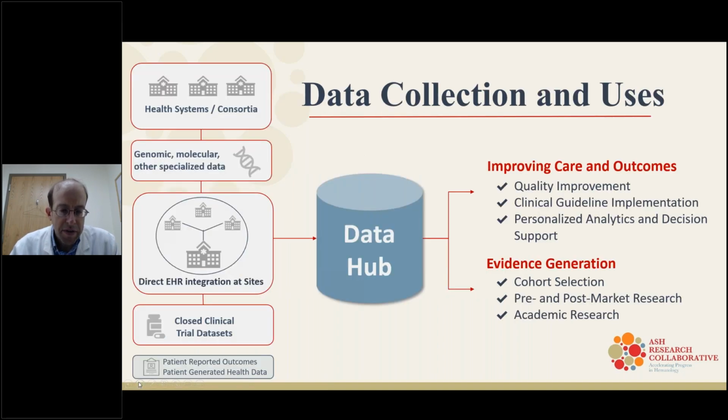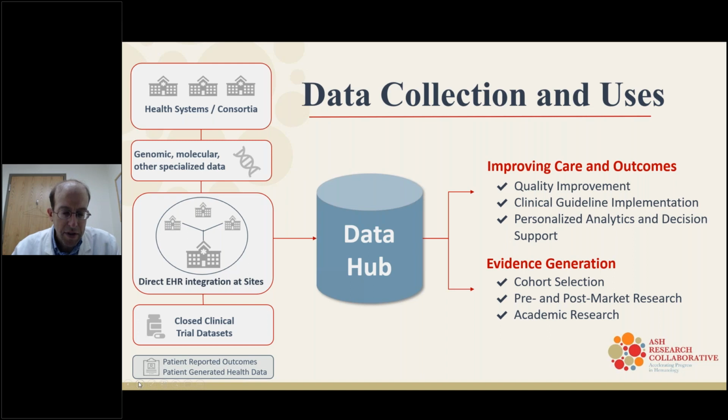So in each of our programs within the Data Hub, we aim to aggregate data and then to use those data for various purposes. And where do those data come from? Within each of our programs, we develop a network of sites that are contributing data to each particular disease area. The networks of sites may or may not be fully overlapping from condition to condition.